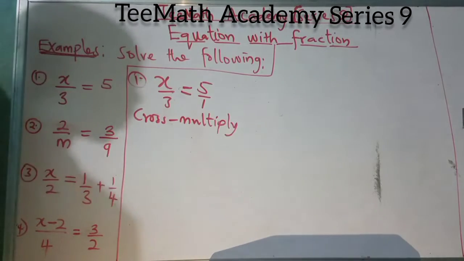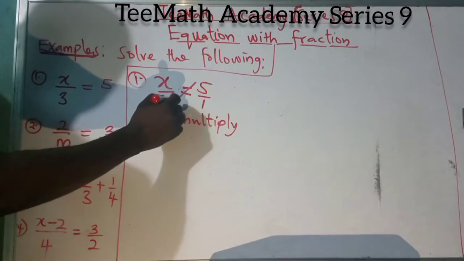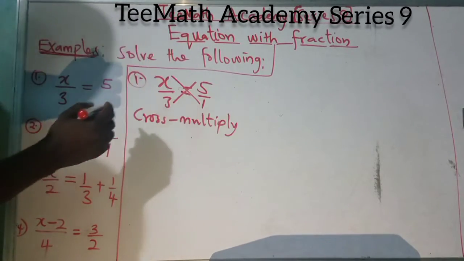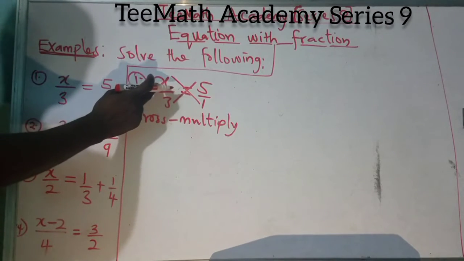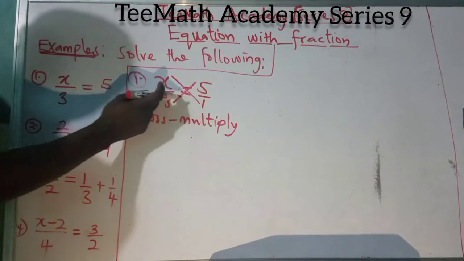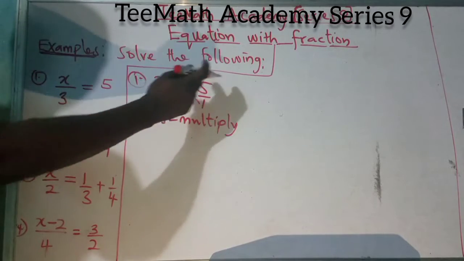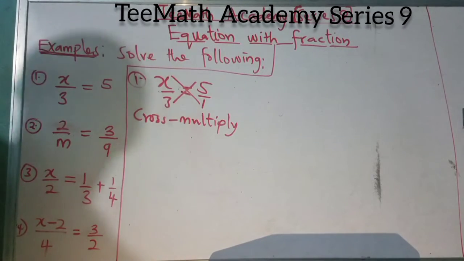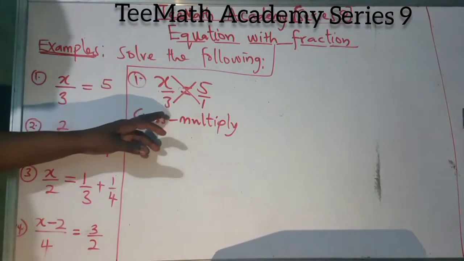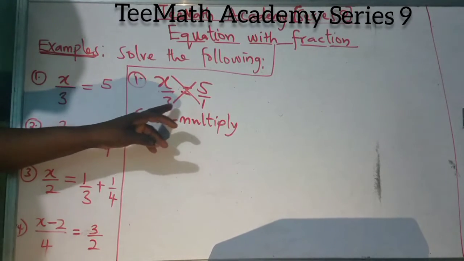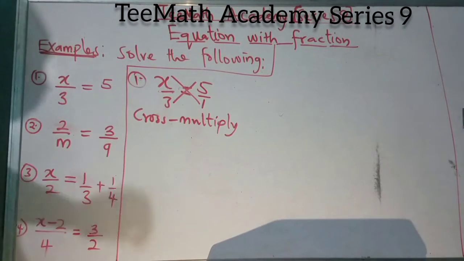Actually we are looking for our x. So the cross multiplying is like this, meaning that x is multiplying this, not straight, and 3 is also multiplying that.